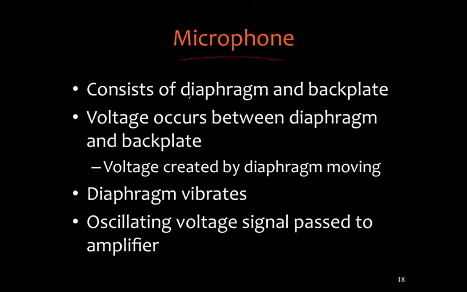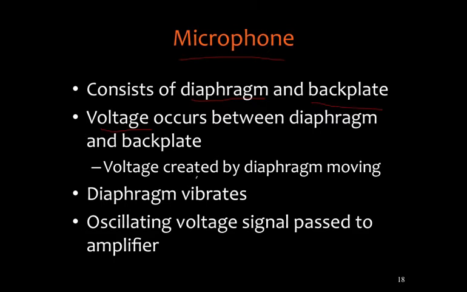In electronic terms, the microphone is a membrane, a diaphragm that moves. How it works is reasonably sophisticated in the sense that there's an electrical charge, an electrical field, between the diaphragm and an electrically charged backplate. And when the diaphragm moves, it changes a voltage that's existing between those 2 points.